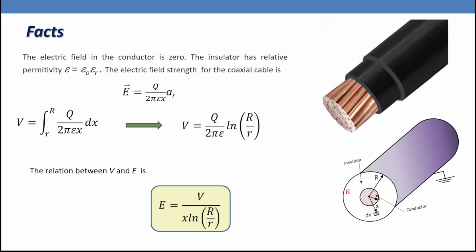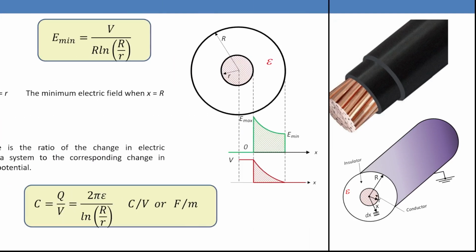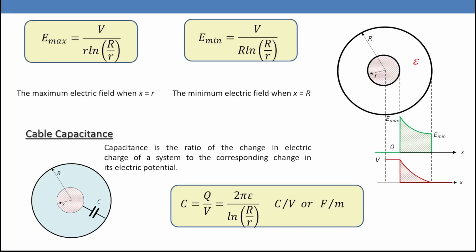The electric field E equals the voltage V over x, where x is any distance from r to R, times natural log R over r. This equation can give us the electric field at any point inside the cable, and also we can find the distribution of the voltage from the center of the cable to the outer radius. To find the maximum and minimum electric field, E maximum equals the voltage V over x equals small r, which is the inner radius, multiplied by ln R over r.